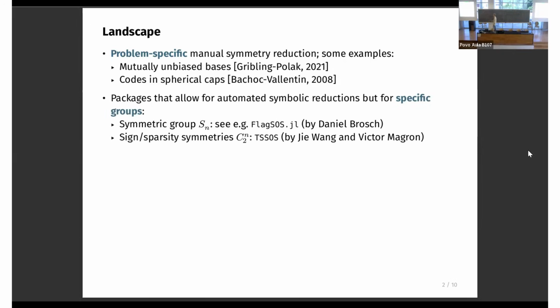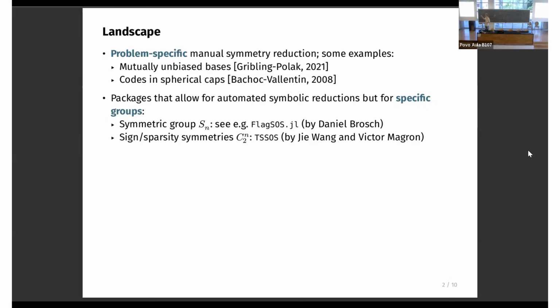Then there are a few packages already. There's probably more. I just picked two of them, which work well on specific groups. In Daniel Borst's package, flagSOS, for his flag algebra work, he has implemented the block Wedderburn diagonalization of the commutant for the symmetric group.